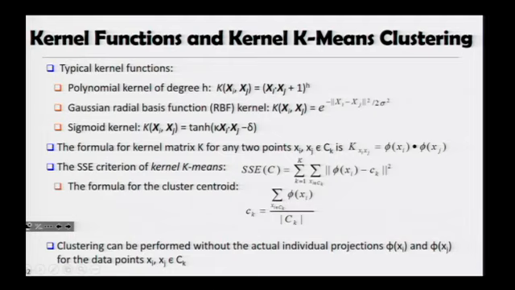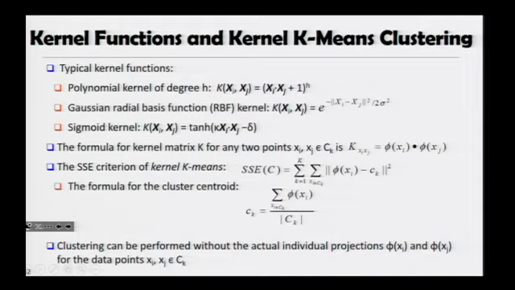Yeah, good. I think you are talking about why the kernel mapping can yield better results on different data distributions. My question is more on this SSE criterion here. I just mentioned that the magic of the kernel trick is that you don't need to explicitly compute or define the phi function. You only need to keep the value of K(xi, xj), the kernel similarity value. And then you can do the clustering without any trouble.